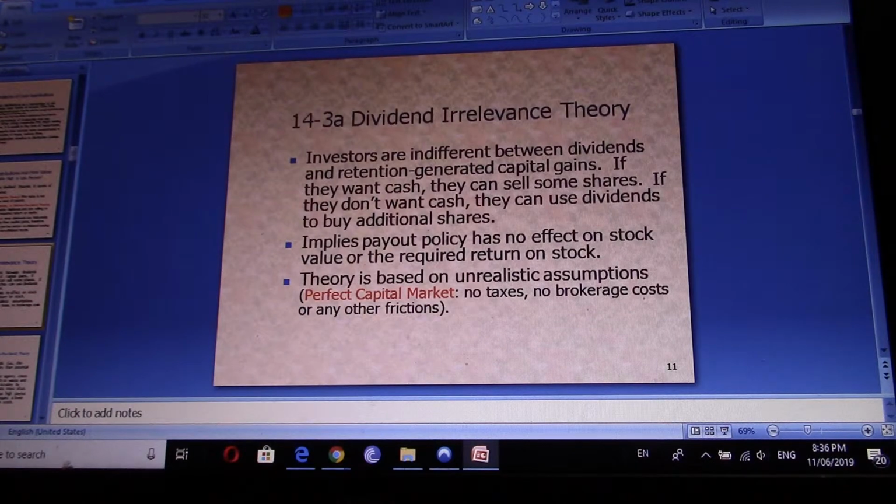Individuals can also rebalance their portfolios based on market information at no cost. So whatever the company does for dividends, it should have no impact on the decisions or on the firm value. So it's called dividend irrelevance theory, but it's based on very strong assumptions: there's no tax and there's no information asymmetry. It's a perfect market.